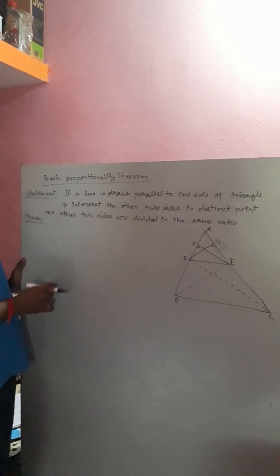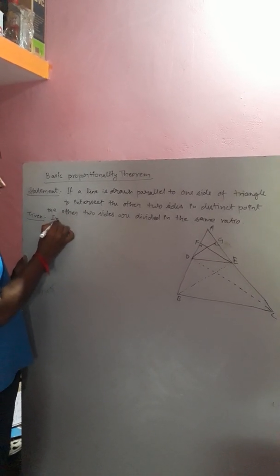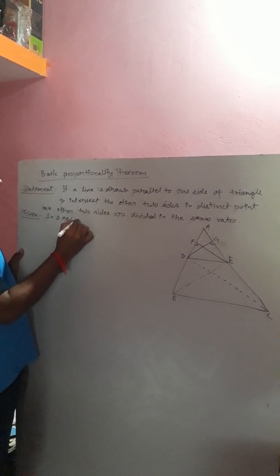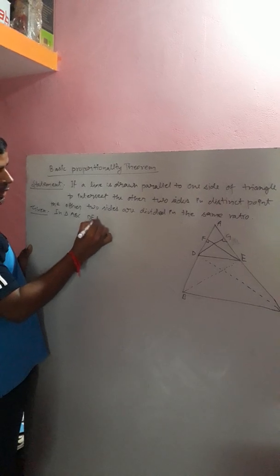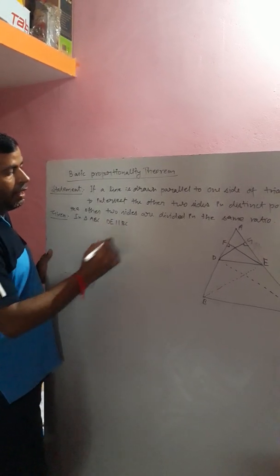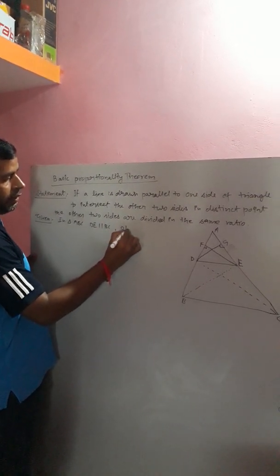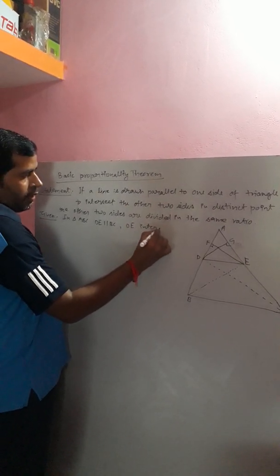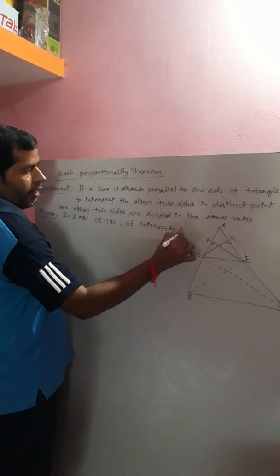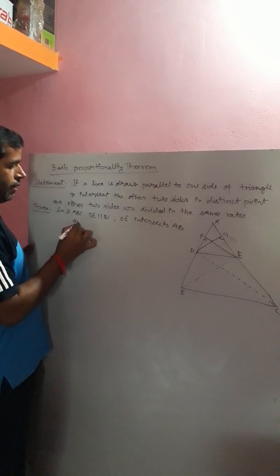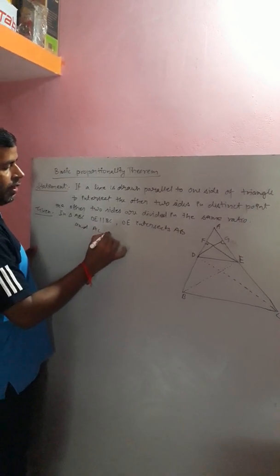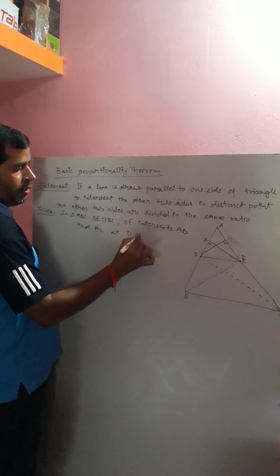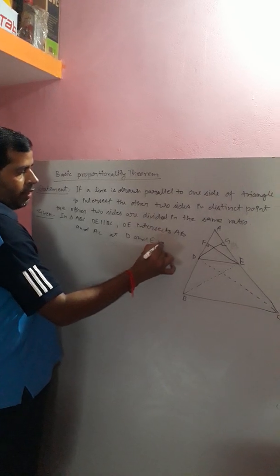Given: in triangle ABC, DE is parallel to BC, and DE intersects AB and AC at D and E respectively.